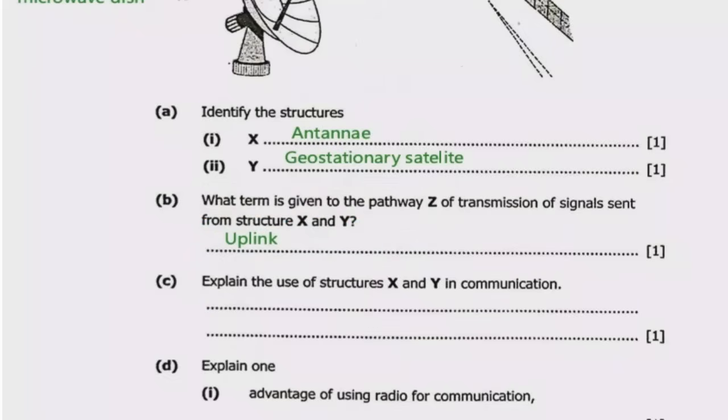We come to C. Explain the use of structure X and Y in communication. So what do we use X, which is antenna, for in communication? It is used in long distance communication.